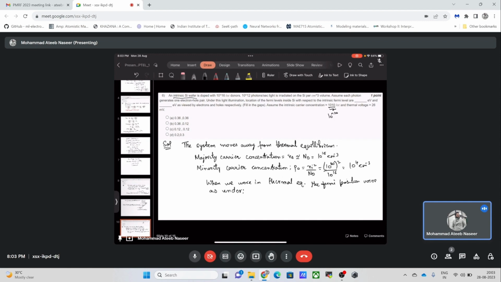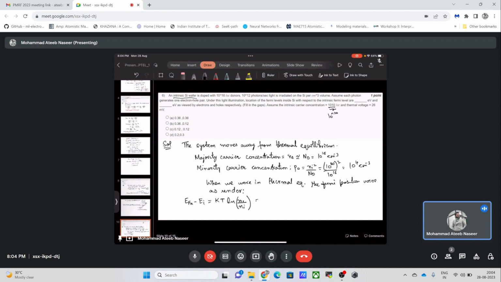So let us solve for the Fermi positions, so that we can get some insight into what happens when we illuminate the material with some external source. So this is simply EFN minus EI, which is given by KT ln of N naught by Ni.